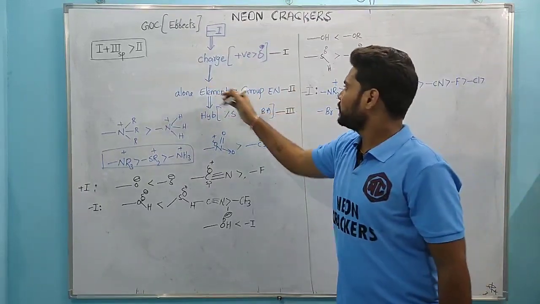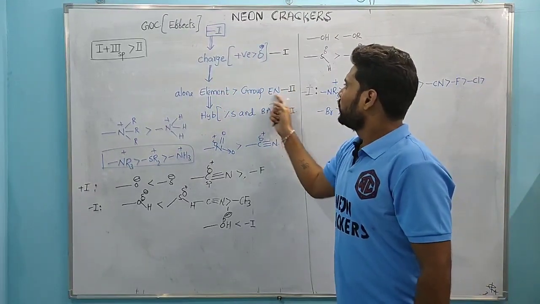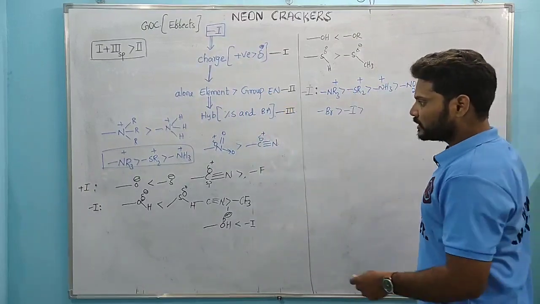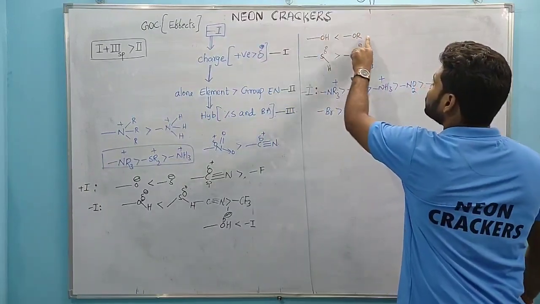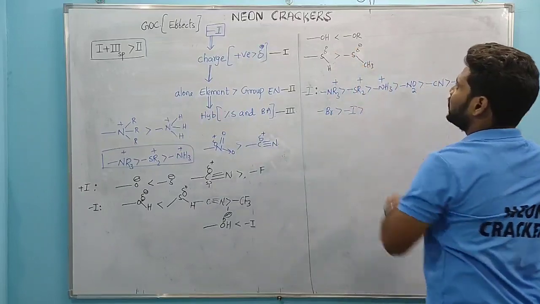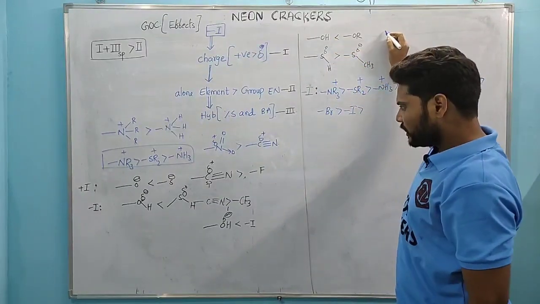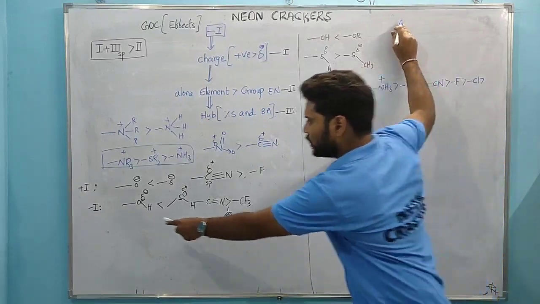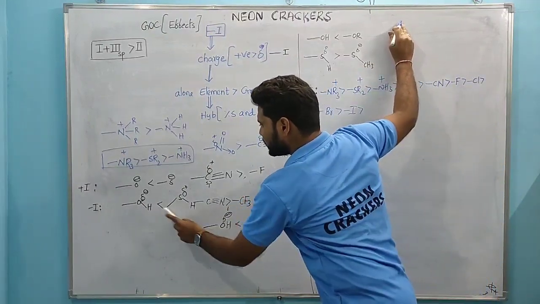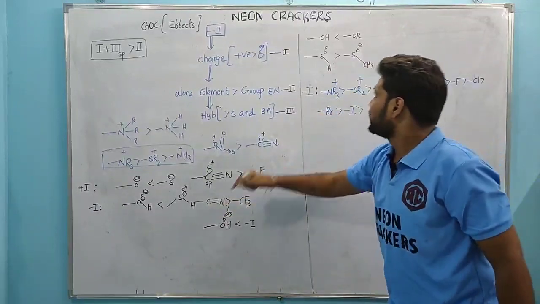Now apart from this elemental, what is remaining here? Group electronegativity. Group electronegativity we have OH, SH, SR. In between OH and SH, which is having more? SH.